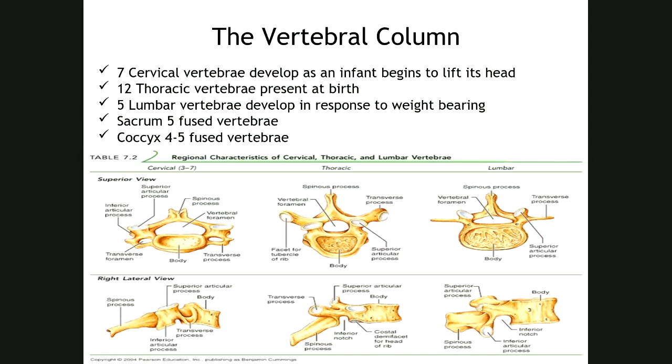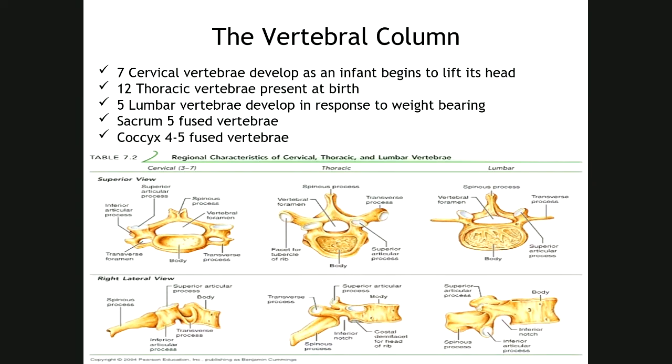Just to review once again, the vertebral column consists of 7 cervical vertebrae that develop as an infant begins to lift its head, 12 thoracic vertebrae that are present at birth, and 5 lumbar vertebrae that develop in response to weight bearing. And we have the sacrum, which consists of 5 fused vertebrae, and the coccyx, 4 to 5 fused vertebrae as well.